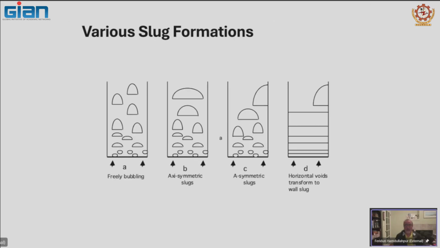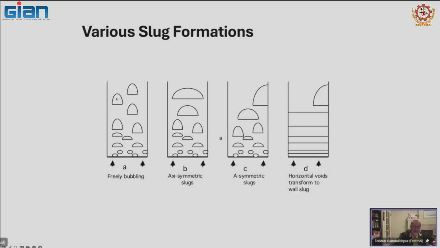I want to talk about slugs. And why do I want to talk about slugs here? This is a bed we call freely bubbling. You have bubbles formed at the distributor, just right above the distributor plate, and they start moving upward, and some of them will coalesce with the others. Normally, they will grow in size.